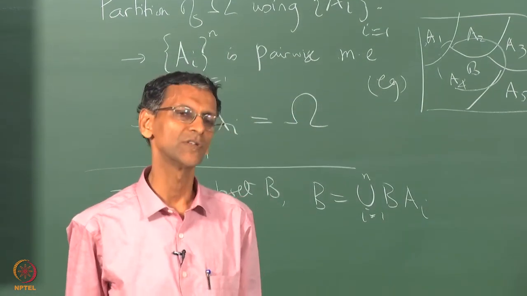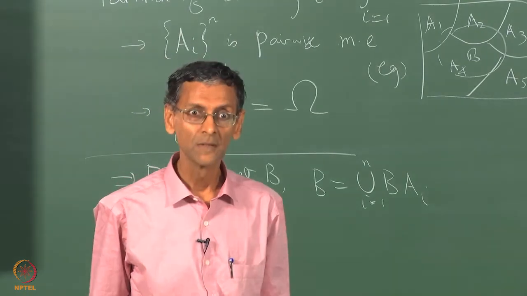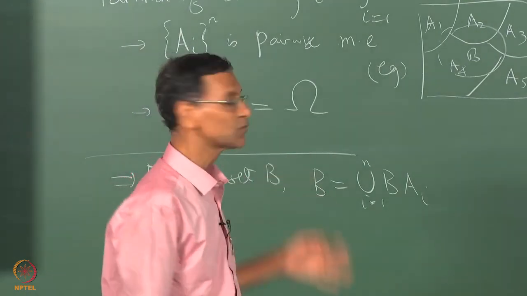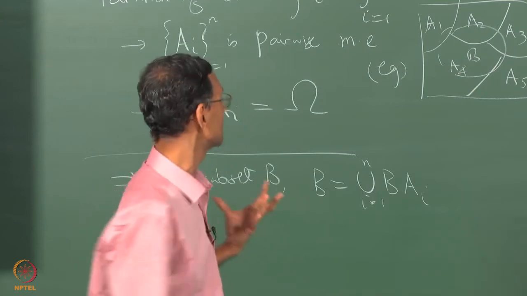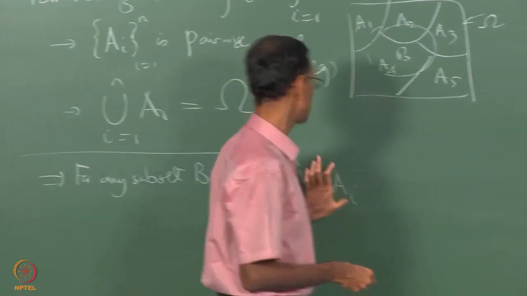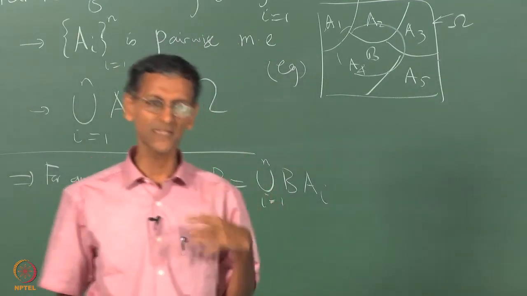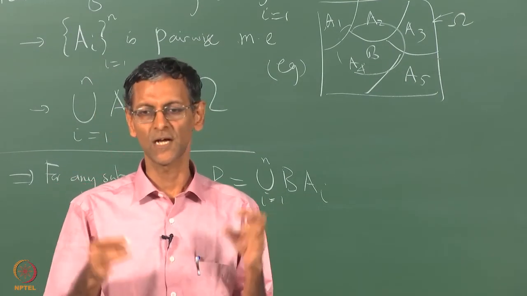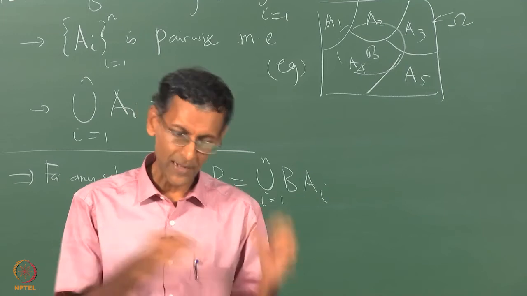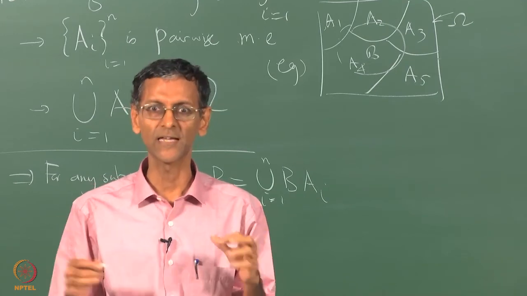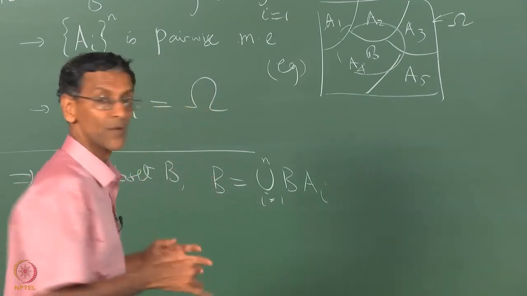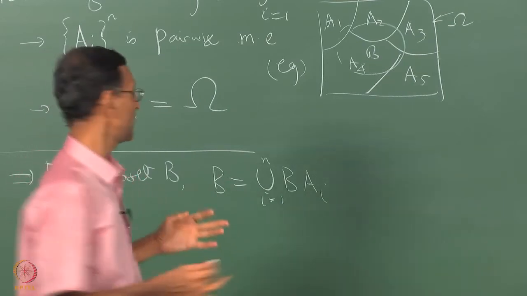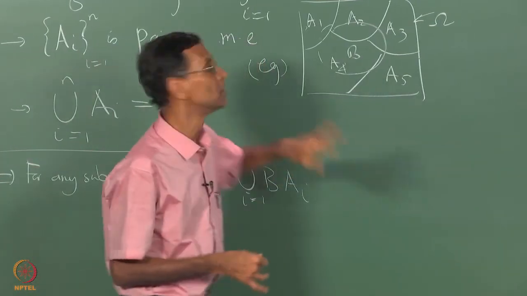This may sound trivial, but it is actually not, it is a very useful way to construct this B using these intersections. This idea of making up B using the parts of B which intersect each of the Ai's is a very useful idea, especially in more complicated experiments, as we will see as we go along.